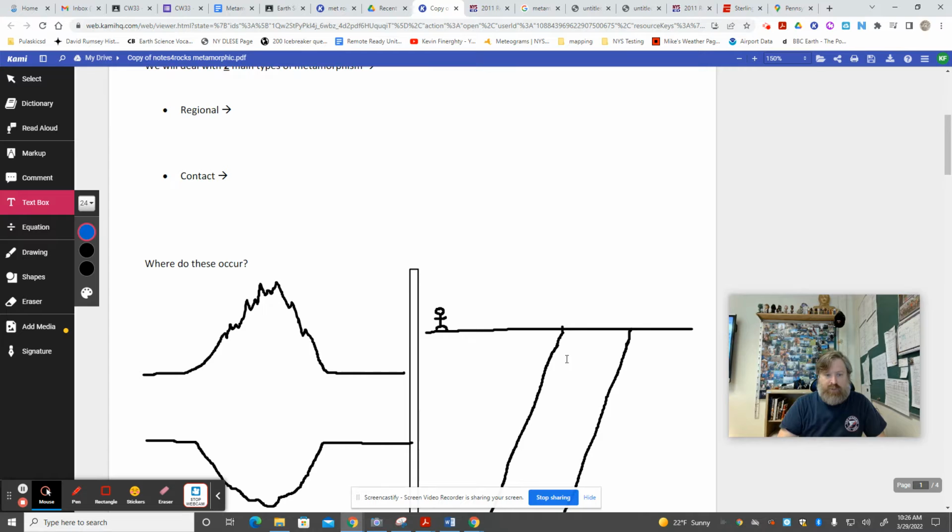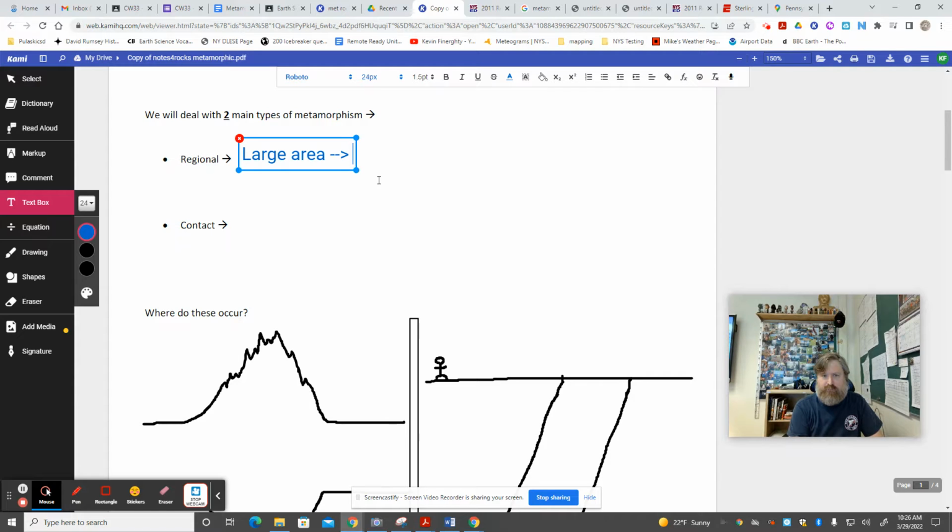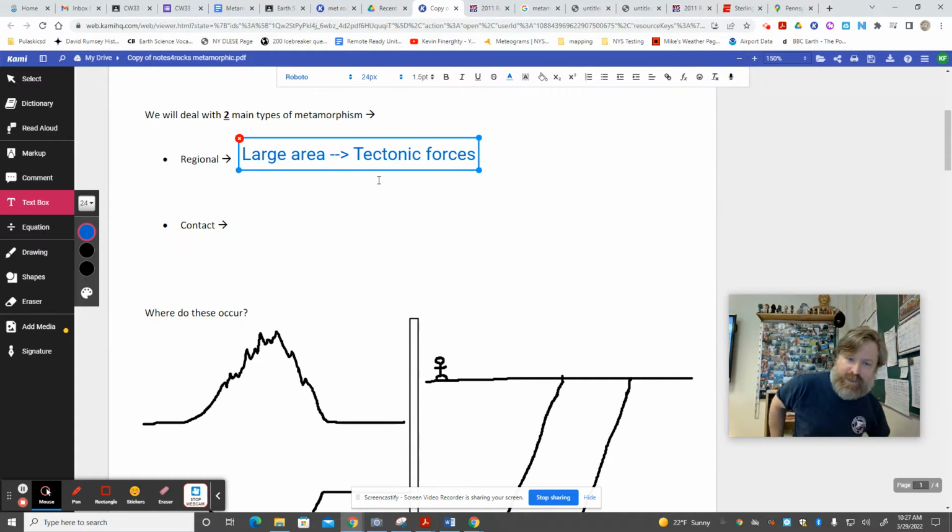There's two basic environments in which this can happen, in a simple sense. Regional metamorphism is going to be where we're going over a large area, and it's usually because of tectonic forces. Spelling stuff for me today. I know we haven't done this yet.